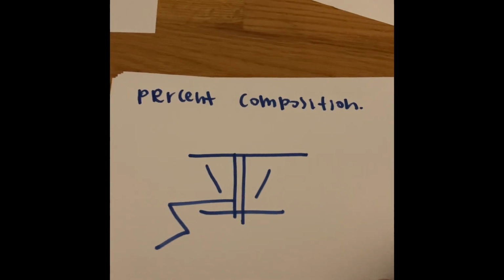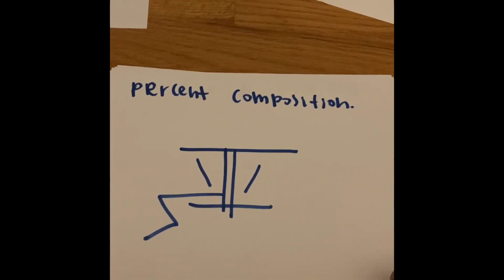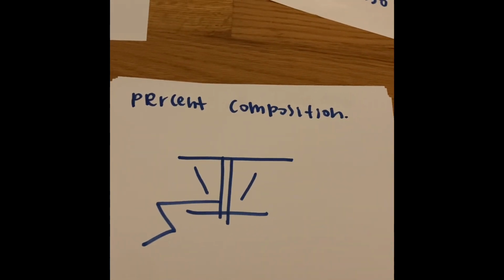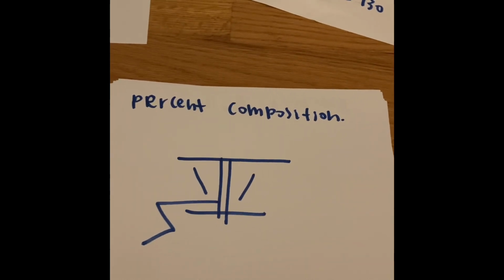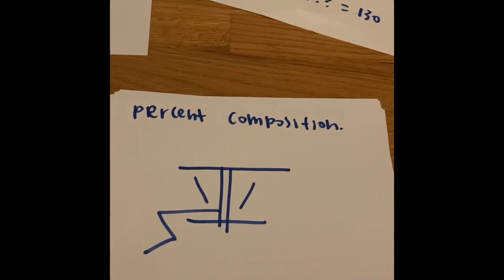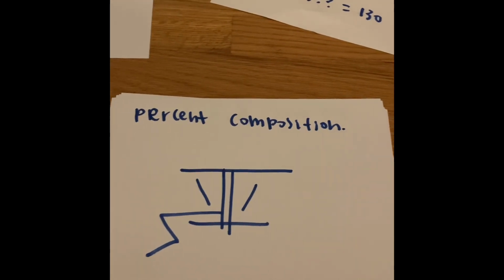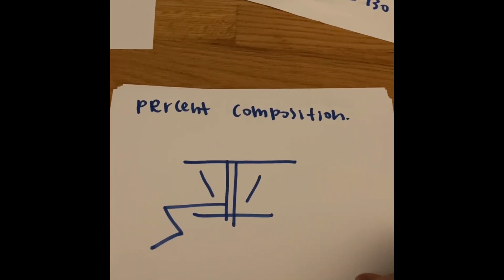But percent composition does that, and also calculates how much of each element in that compound takes up that much space in percentage. Like, what is the percentage of hydrogen being present? What is the percentage of nitrogen being present? What's the percentage of mercury being present?